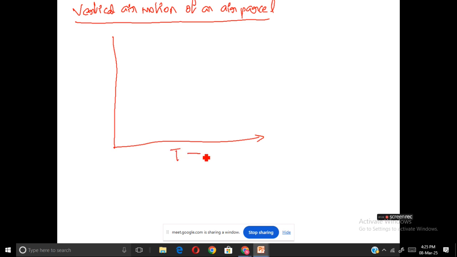This is temperature. This is height. Okay. So now we know the temperature is reducing in the atmosphere. So there will be a temperature profile for the atmosphere, right? As we go up, how the temperature is changing. So this is the temperature profile.